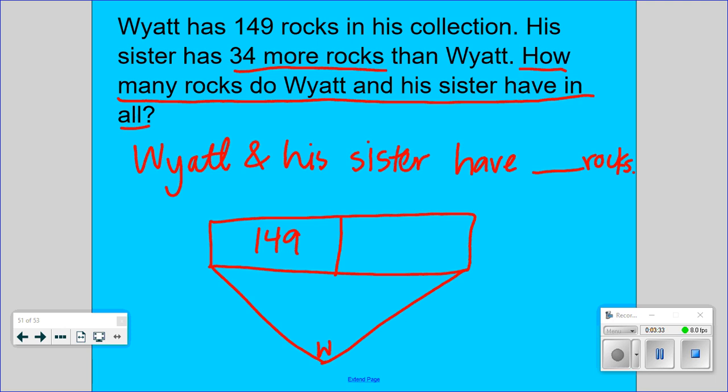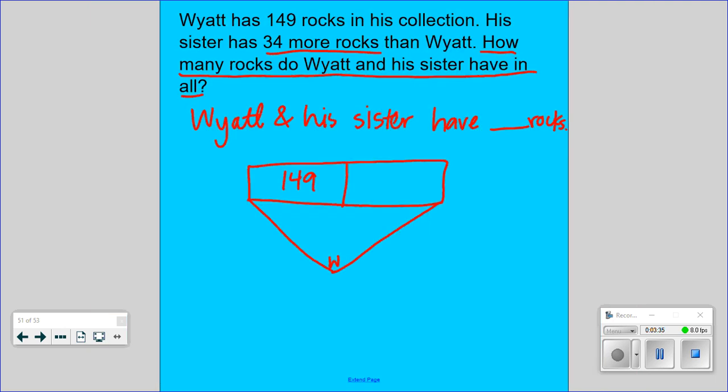So out to the side, let's go ahead and add these two together. I'm going to use expanded form. 100 plus 40 plus 9, 149. Annabelle, you got that written down? And then I'm going to use expanded form for 34.